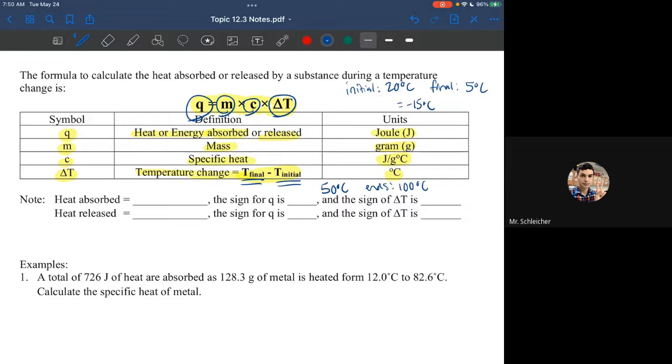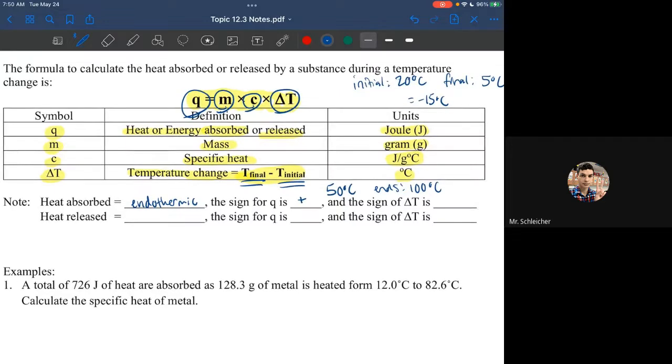Just going along with all these units here, we do want to say that when heat is absorbed, that is endothermic. The sign for Q is going to be a positive number. Q should be a positive number if you have an endothermic process or reaction. And then the sign of delta T should actually be negative, because the final temperature will be lower if a process is endothermic.